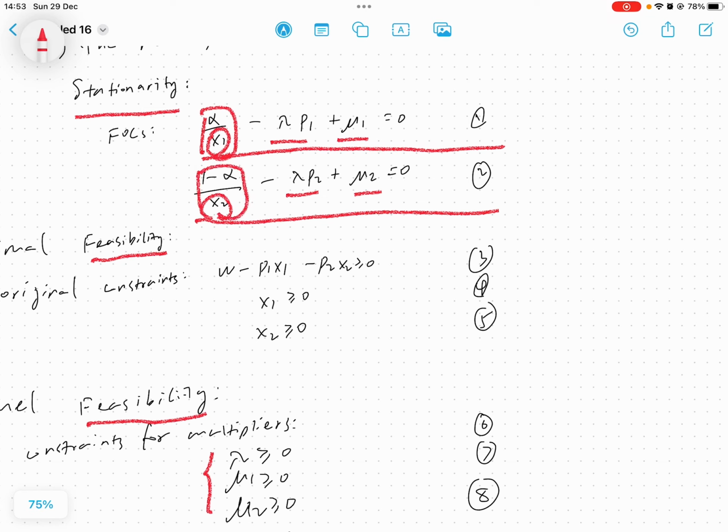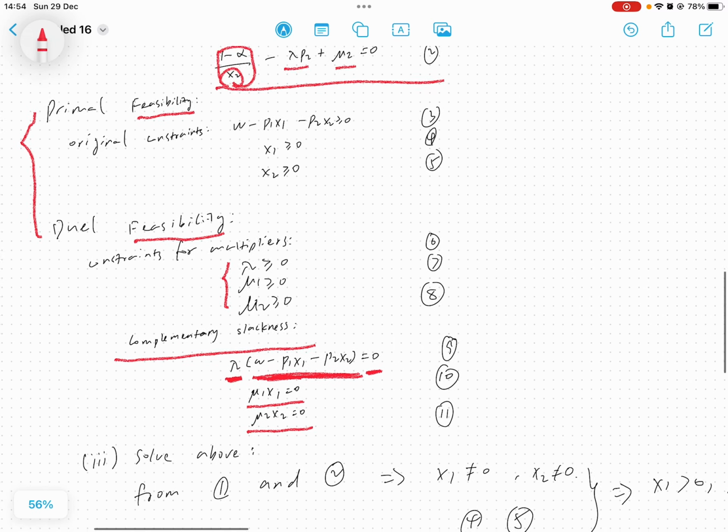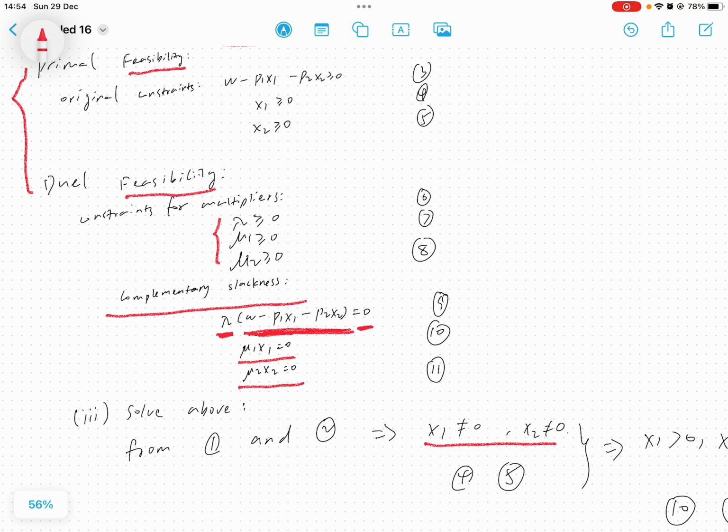So in other words, x1 and x2 cannot be 0. That's why we write that here.